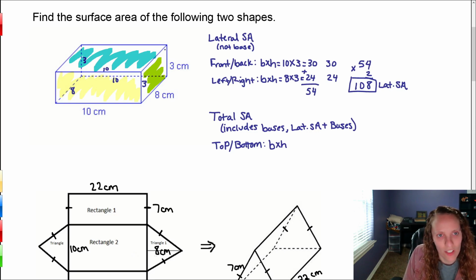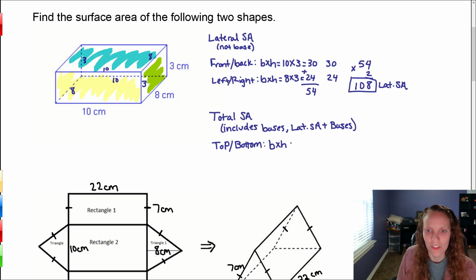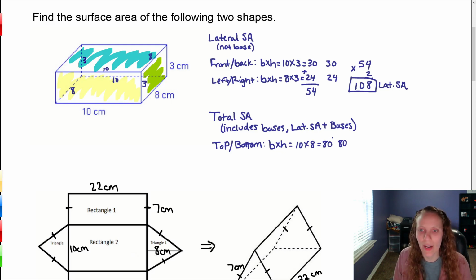And then this long side here along the edge would be 8 from the bottom 8. So to figure out base times height of that rectangle, let's do 10 times 8. And that equals 80. And there's two of those, so we could do 80 plus 80 or 80 times 2. Either way, we'll get the same answer. And that equals 160. This is just the bases.